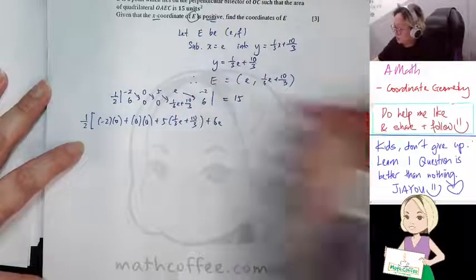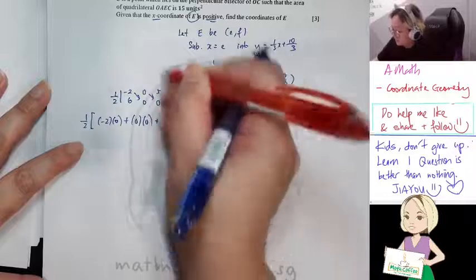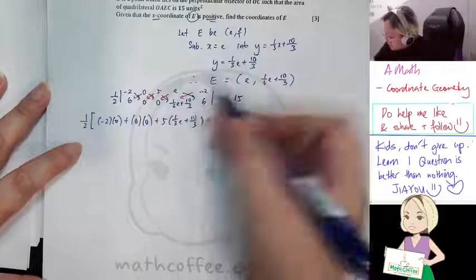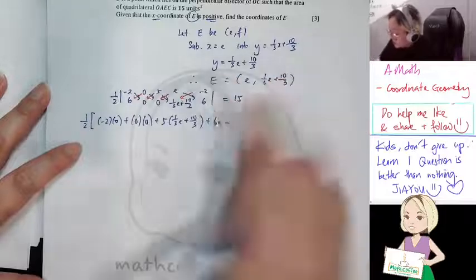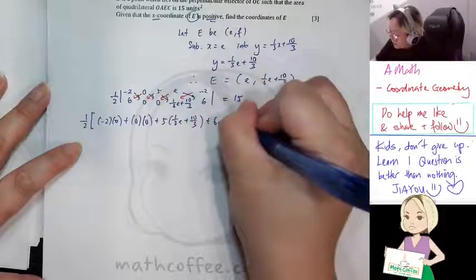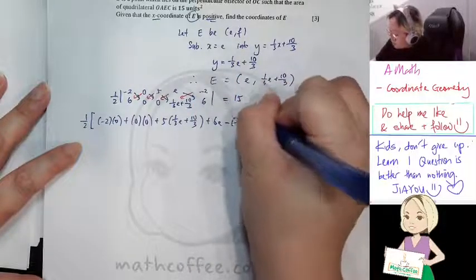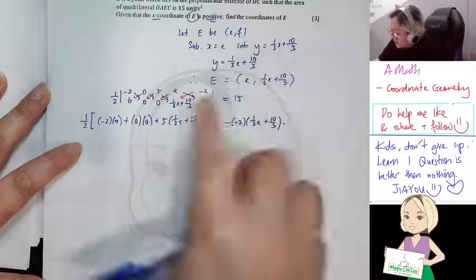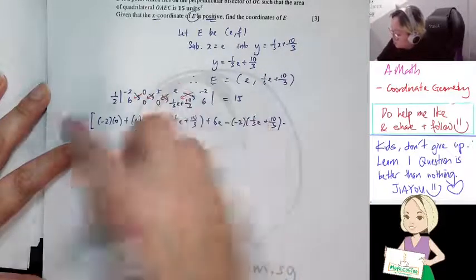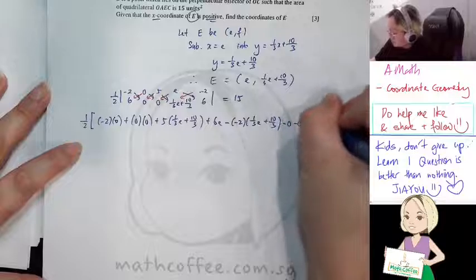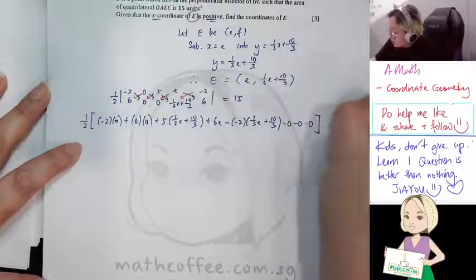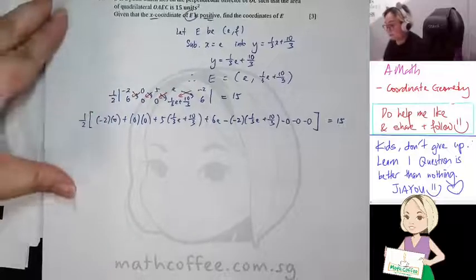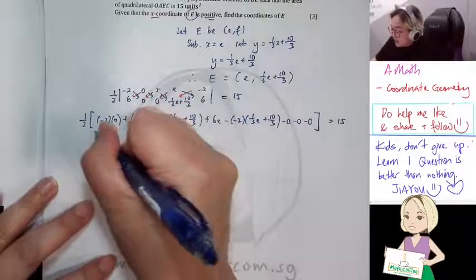This direction will be minus, so be careful, minus negative 2 times 1/3 E plus 10 over 3, minus 0, 3, 0, and close it, equals 15.